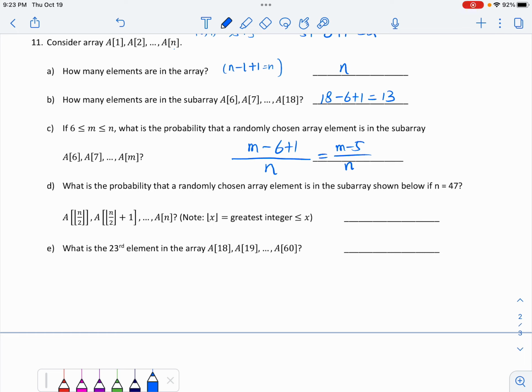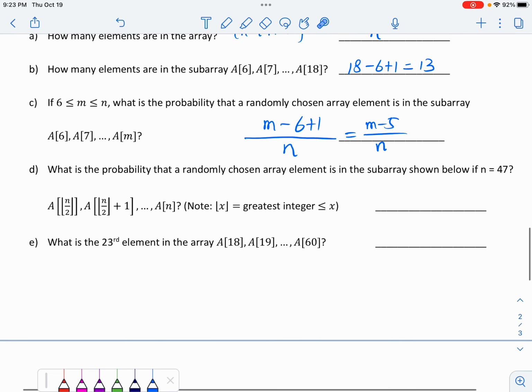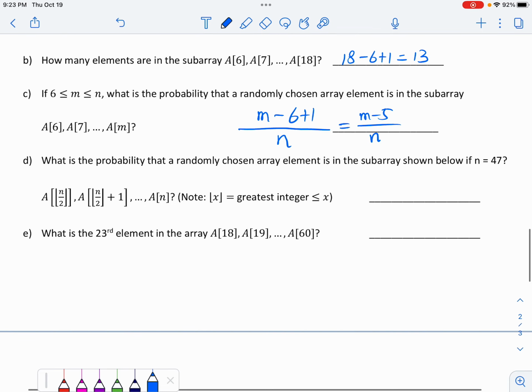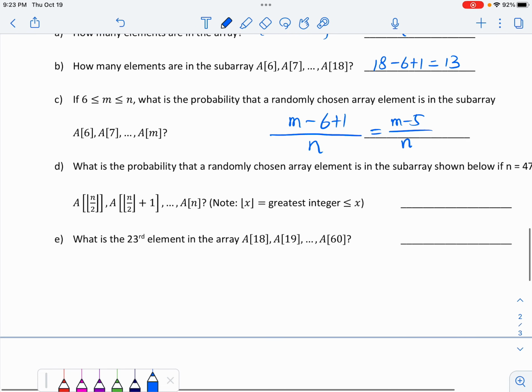Right? So now let's take a look at what is the probability that a randomly chosen array element is in the subarray shown below if n is 47. Okay, n is 47. Now, this notation means the greatest integer less than or equal to x. Let me do a couple examples to demonstrate what that means.